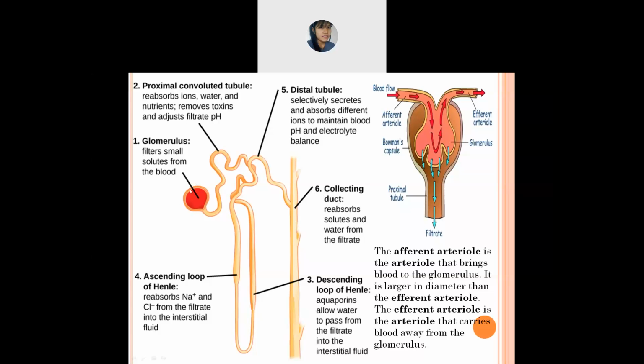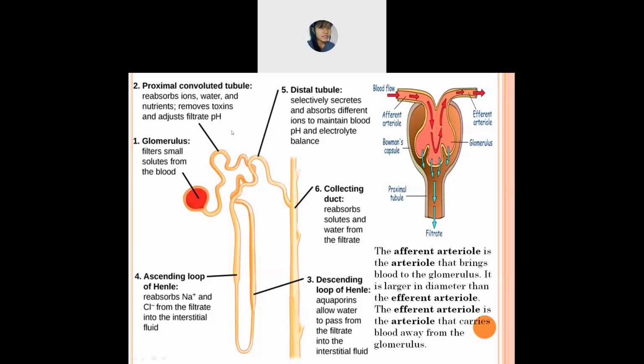First is the glomerulus or the Bowman's capsule. Secondly, you'll find the proximal convoluted tubule, also known as PCT. Proximal, because it is nearer to the glomerulus. Convoluted, because it is convolved, not straight. Tubule, because it is a tube-like structure.